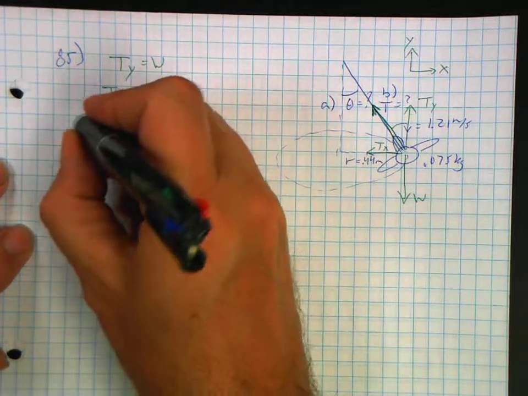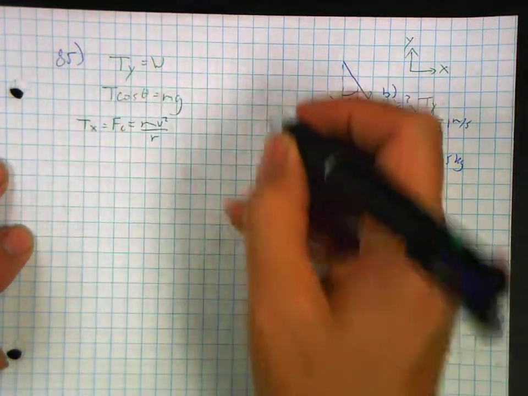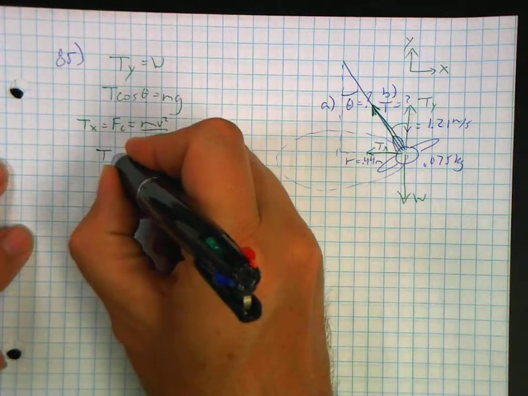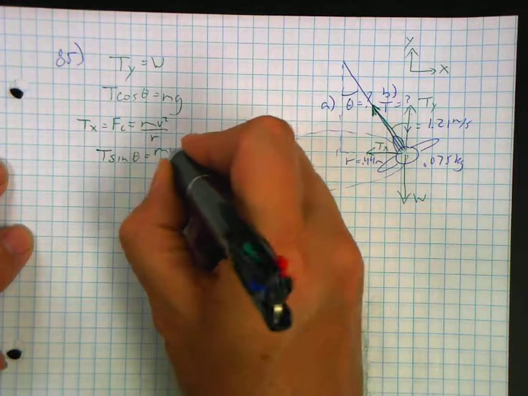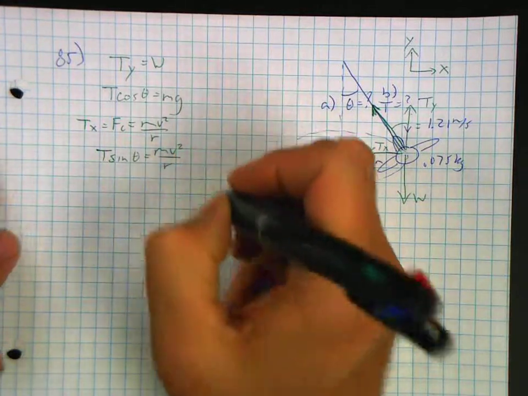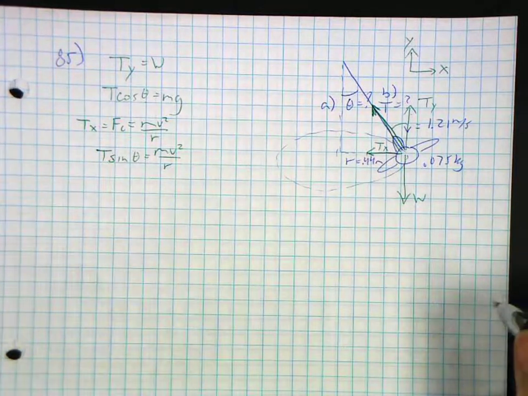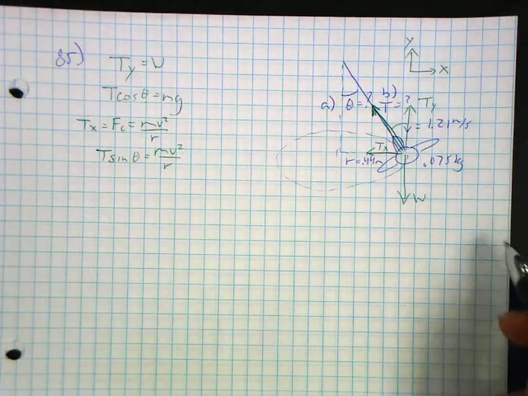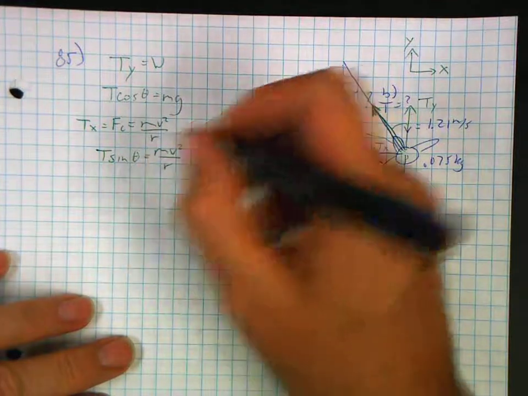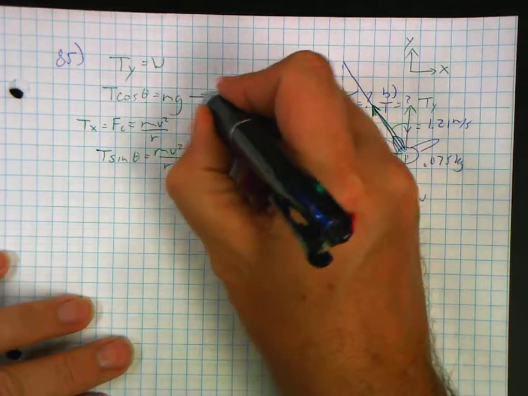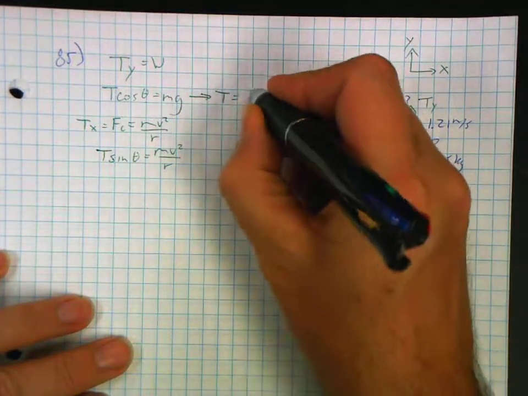That means T times the sine of theta is equal to mv squared over r. Let's get rid of tension, so we'll substitute in. We'll solve this one up here for tension, then substitute it in there. So that means that my tension is equal to mg divided by cosine of theta.